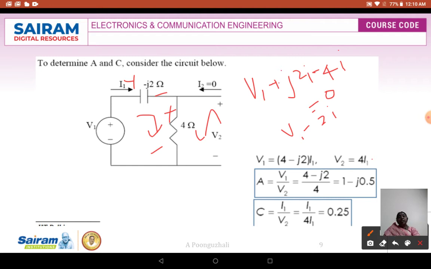Next is A, which is nothing but V1. So substitute this I1, whatever is the value of I1, substitute here. So it is going to be V1 is equal to 4 minus 2J into your I1, and I1 is nothing but V2 by 4. So here in this case I1 by V2 is equal to 0.25.